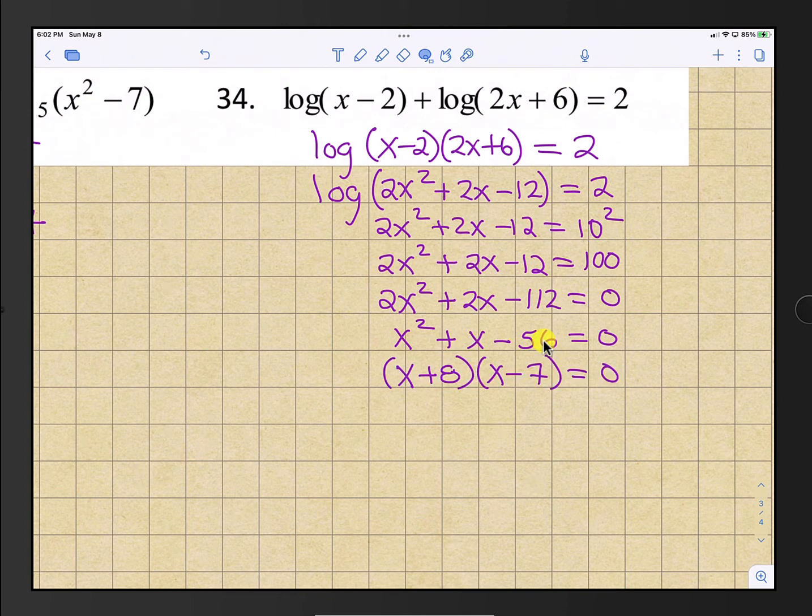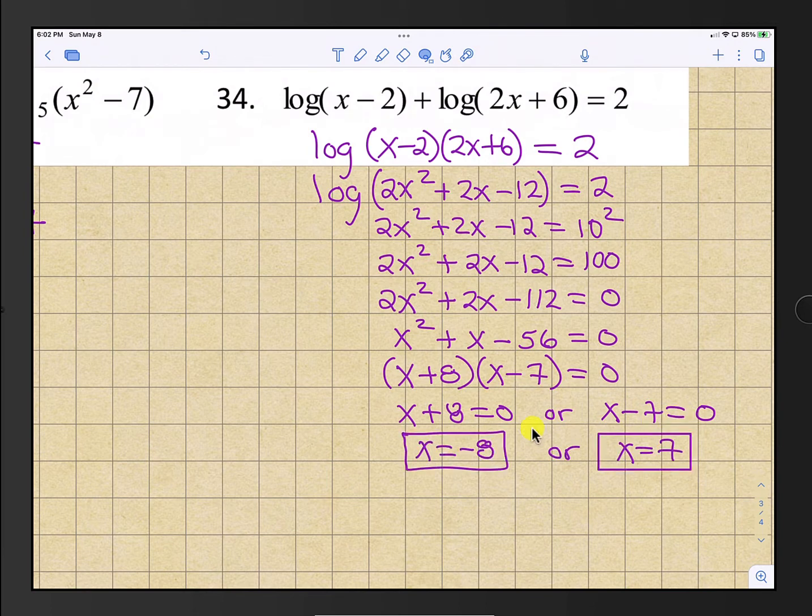And this can be factored. That factors to x plus 8 times x minus 7. We're setting that equal to 0. So if x plus 8 is 0 or x minus 7 equals 0, then we have two possible answers. We have x is negative 8 and x is 7.